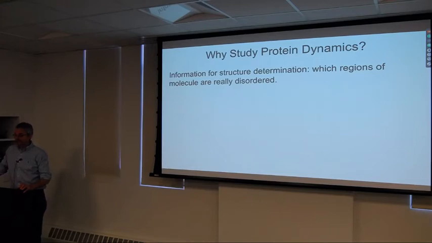The question comes up, if a region is disordered in the ensemble of calculated structures, does that reflect real dynamic properties of the molecule, or does that reflect regions of the molecule where you just don't have enough data to restrain the structure? So one case is interesting, the other case means the graduate student has to go find more NOE peaks in the spectrum. So relaxation measurements distinguish these cases.